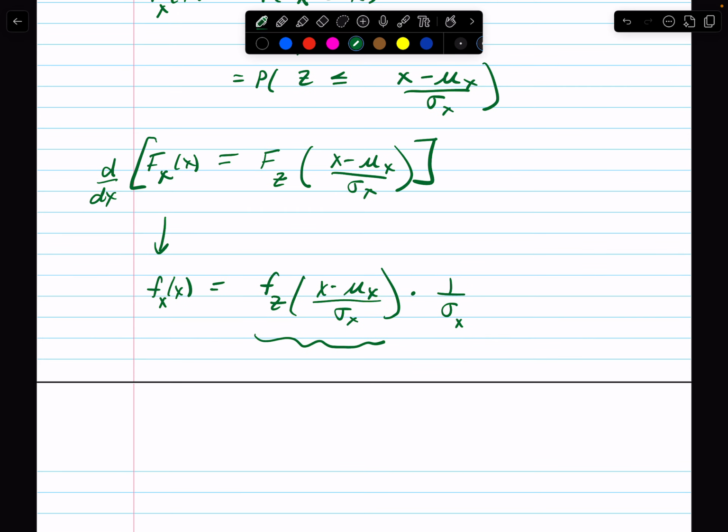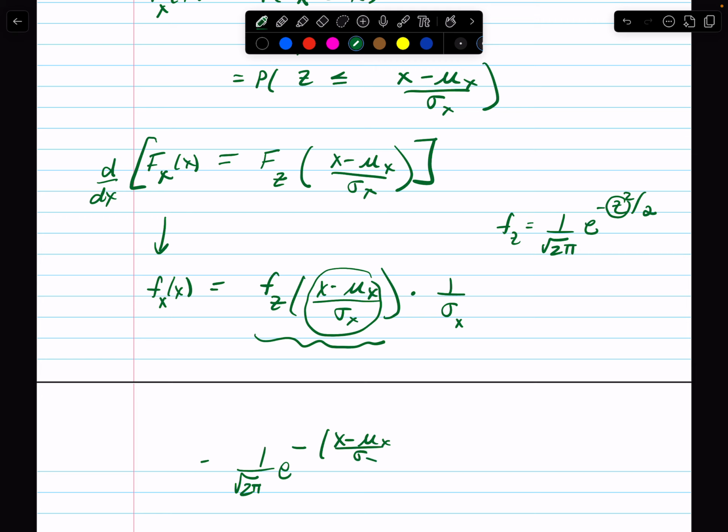Remember that f_Z of z is 1 over the square root of 2 pi e to the negative z squared over 2. So we replace our z with this entire argument. This is equal to 1 over the square root of 2 pi e to the negative ((x minus mu X) over sigma X) squared over 2, times 1 over sigma X.